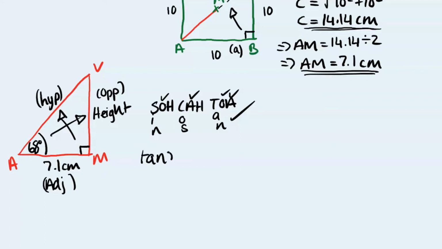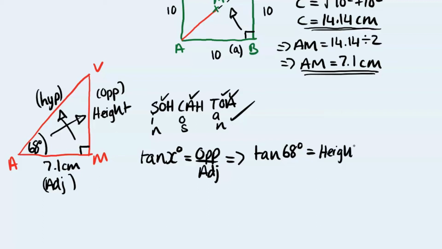So what's the tan equation? It's tan x is equal to opposite over adjacent. So we have tan of the angle 68 degrees, and the opposite is what we've called height, all over the adjacent, which is 7.1 centimetres.